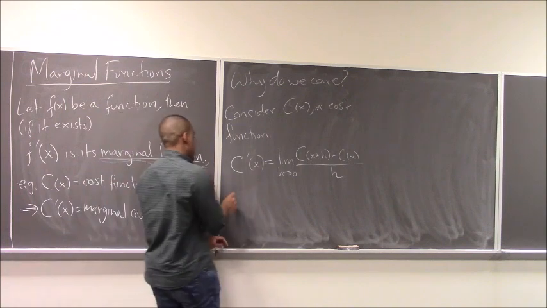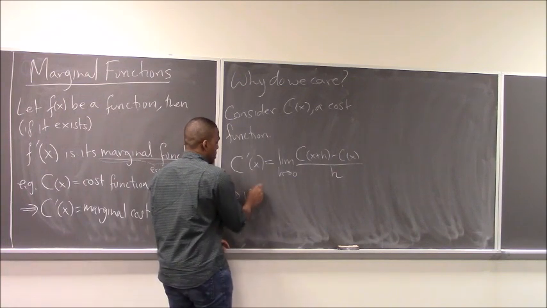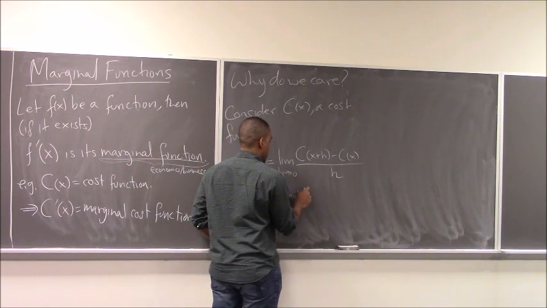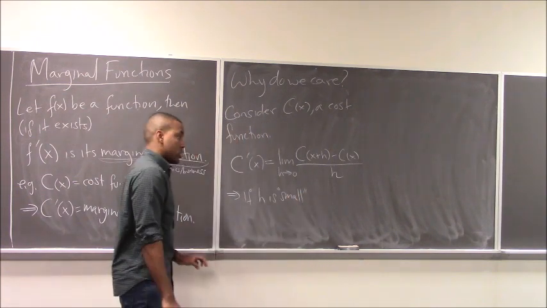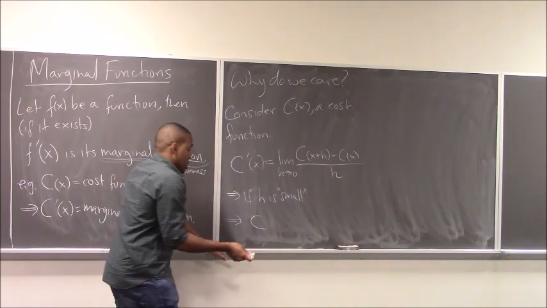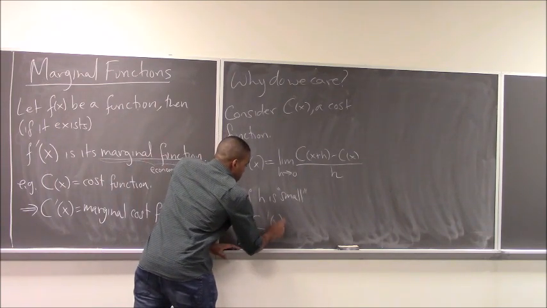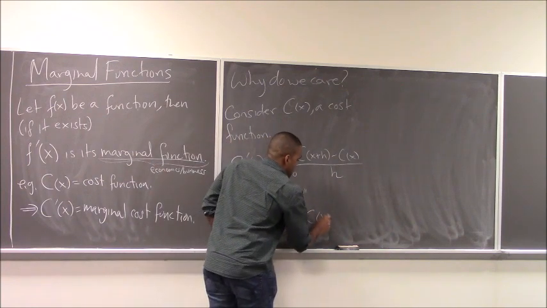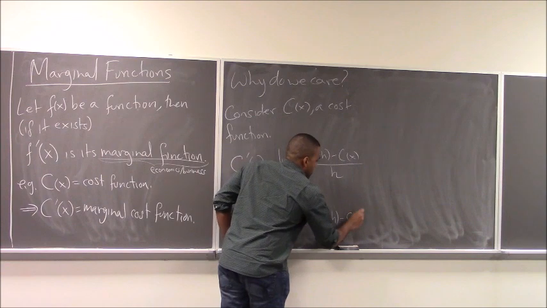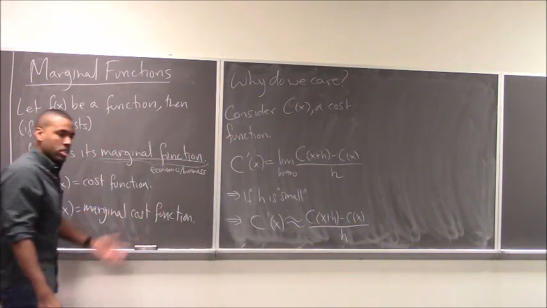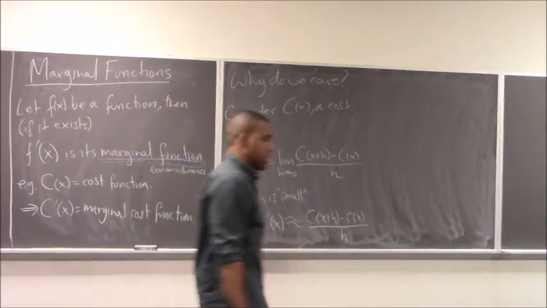And basically what that means is, if h is small, if it's getting close to 0, we'll put small in quotations, basically what you can say, and this essentially comes from the linear approximation formula as well, is that c prime would be approximately equal to this guy, by essentially the same reasoning that we use for the linear approximation formula.